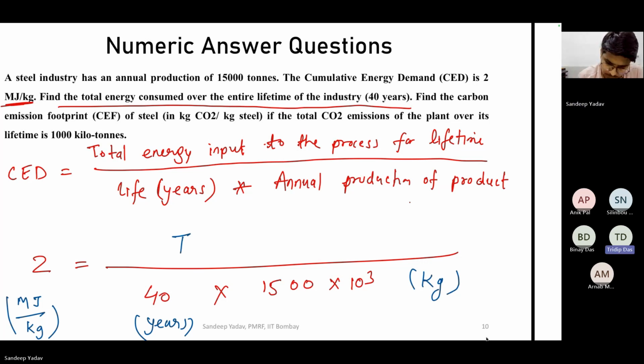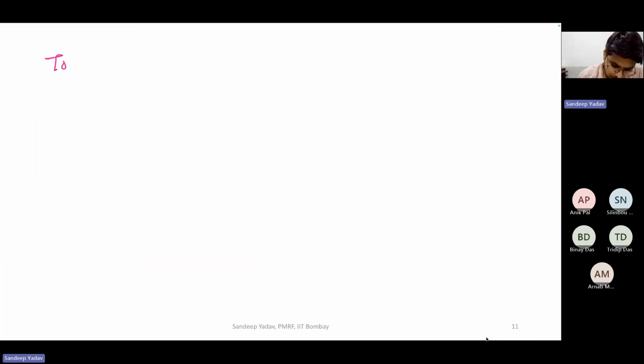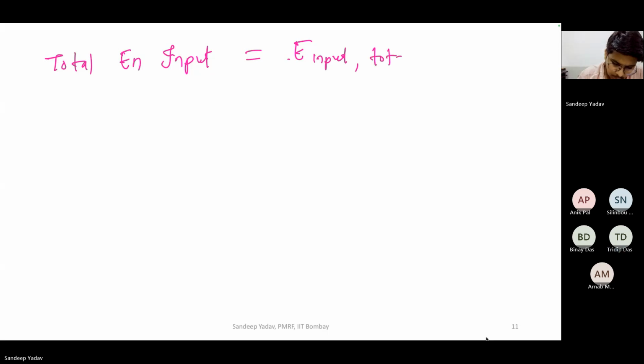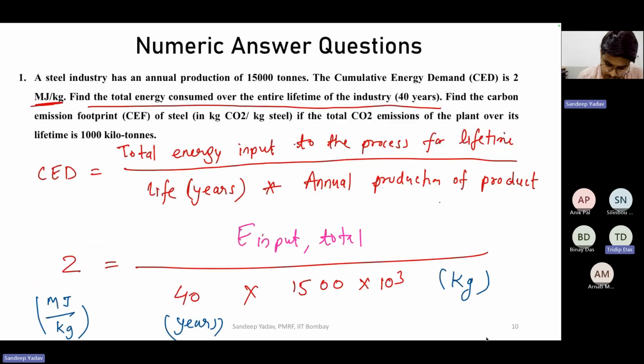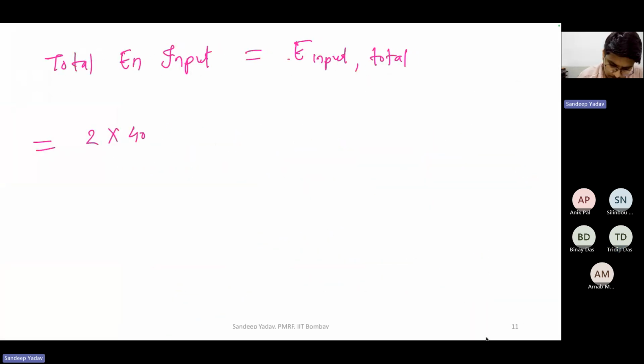Write it. So if you see, total energy input, E total, would be equal to 2 into 40 into 15,000 into 10 raised to power 3.